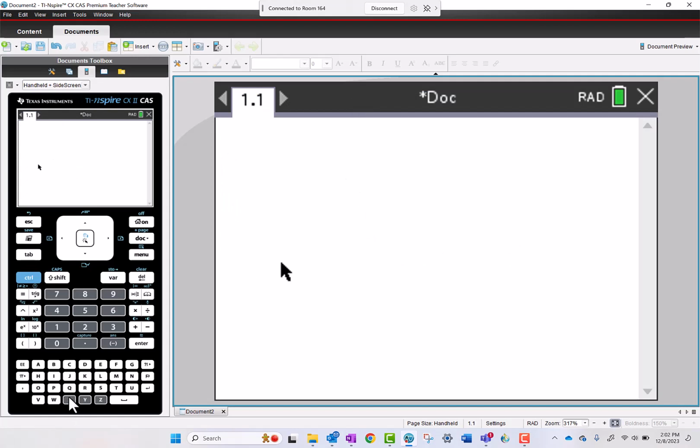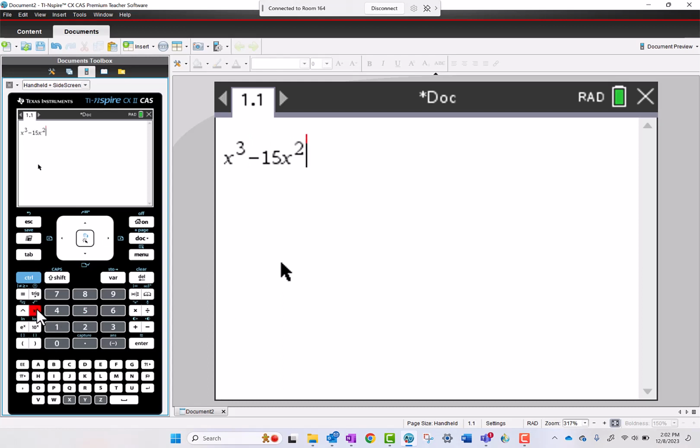Just use x cubed minus 15 x squared plus 72x minus 9.